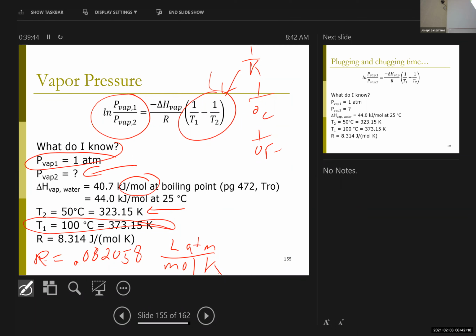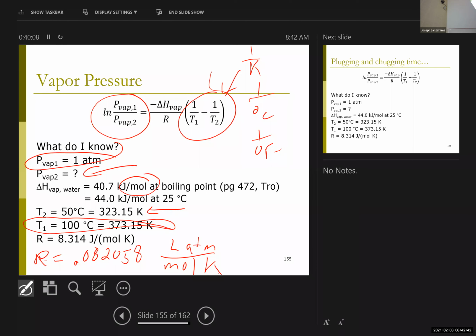Like, you'll love this one, Pascal meters cubed per mole Kelvin. In fact, Pascal meters cubed are the SI units for pressure and volume. You'd almost argue that's the preferred unit, even though you never see it.